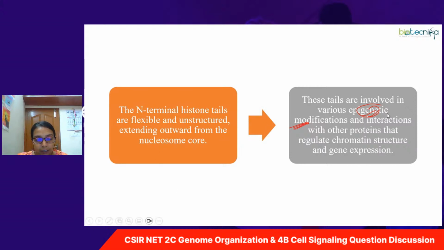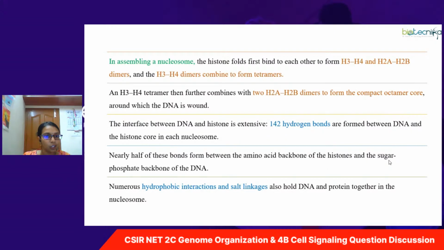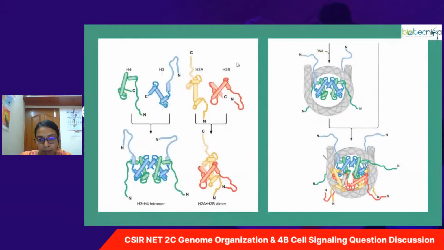So there are various epigenetic modifications and interactions with other proteins that regulate the structure of chromatin as well as gene expression. Okay, fine. In assembling a nucleosome, we have histone folds present. If you look at the image, this is the arrangement. These portions which you see are nothing but folds. What is the necessity of a histone fold?